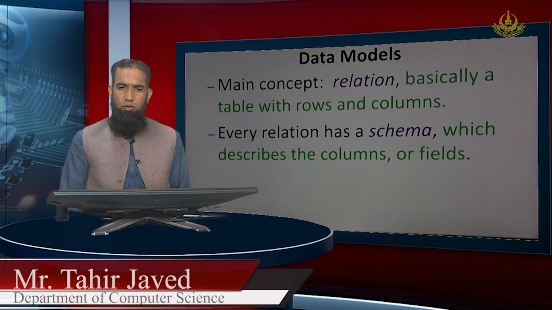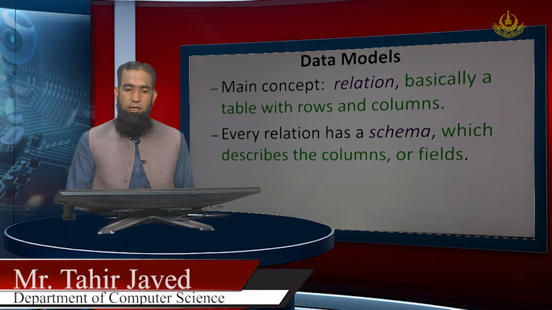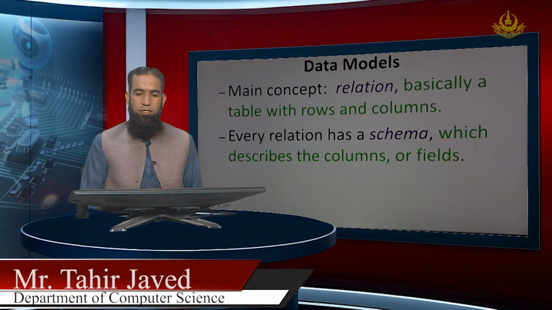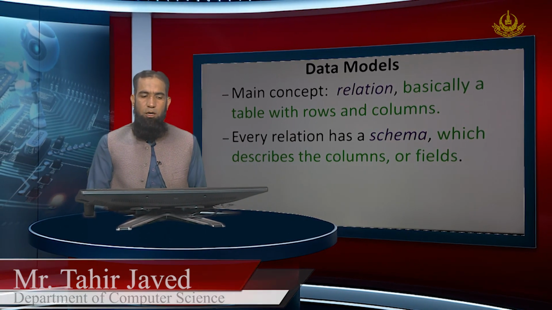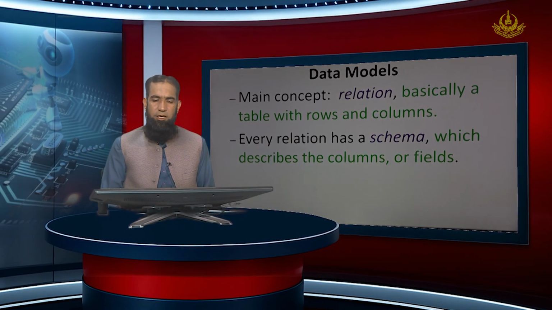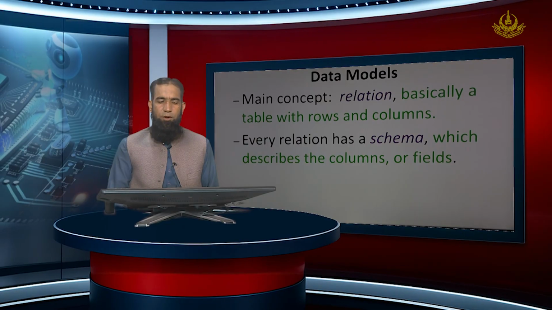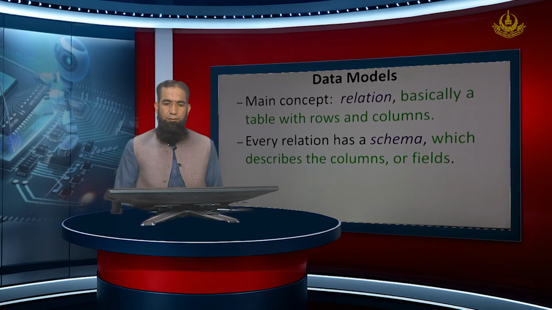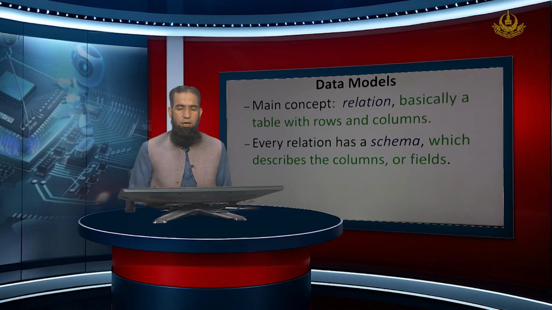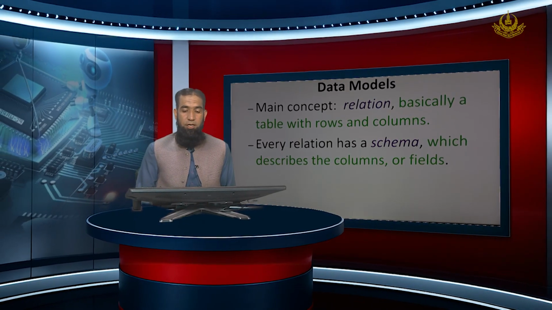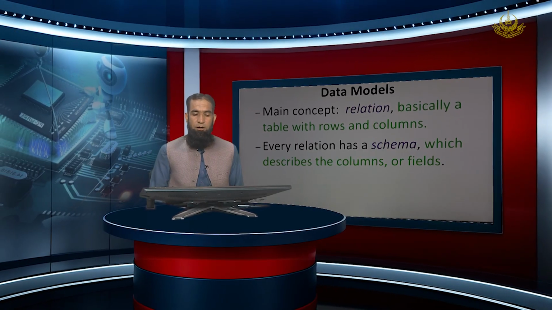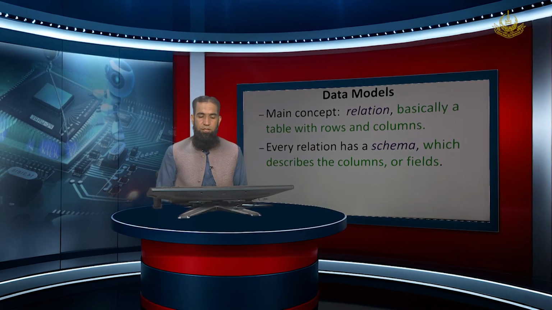Every relation has a schema which describes the columns or fields, and then there are records. Records are the information relevant to a specific instance.